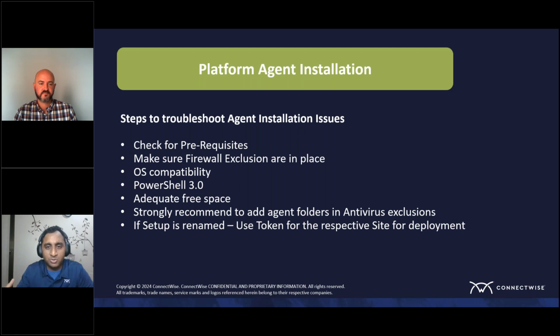Tokens are pretty much similar to licenses by which the system understands what company and what site this endpoint needs to represent. And I'll show you a trick by which you don't need to download and store setups for each and every site. Instead, you could just have one setup and a spreadsheet or something that has all the tokens for each of the sites. So you could insert the token during the installation process and make it easier for the deployment of the agent across all your endpoints.